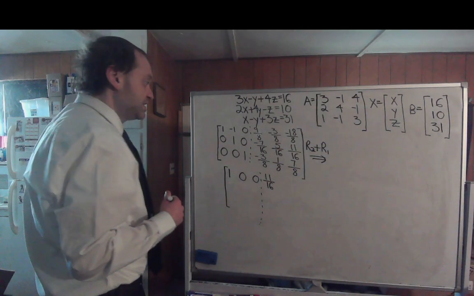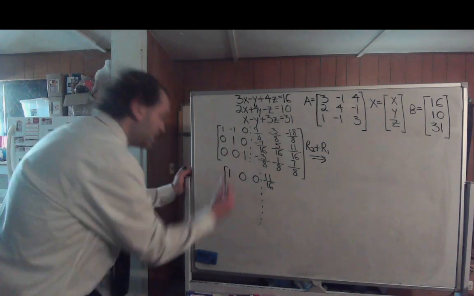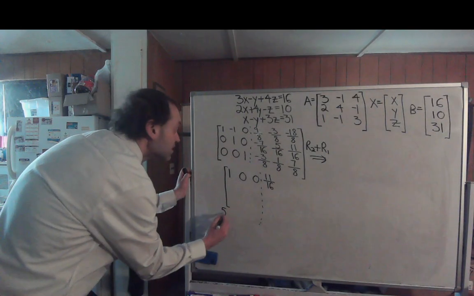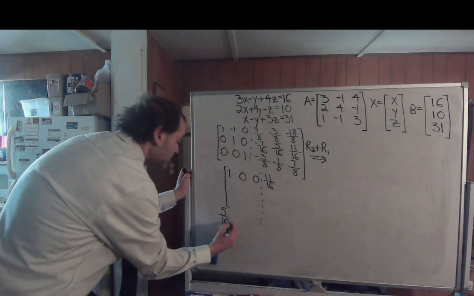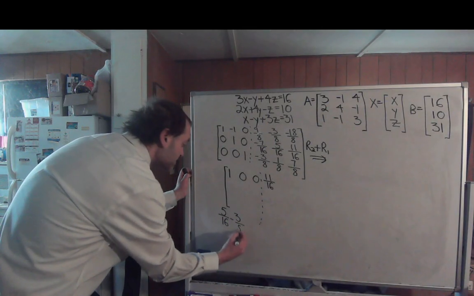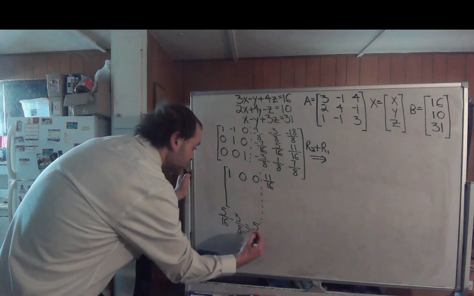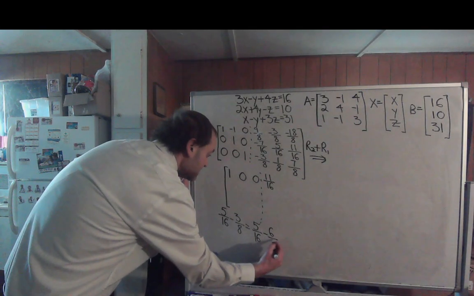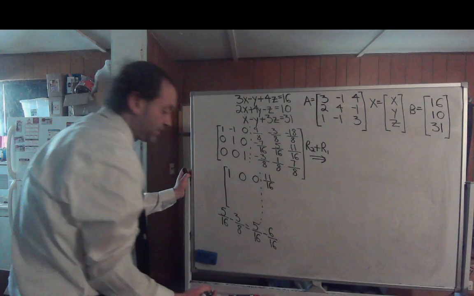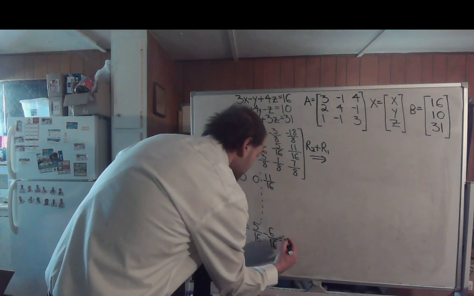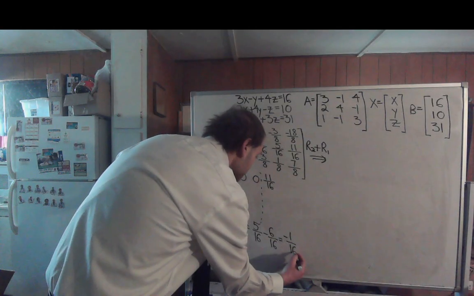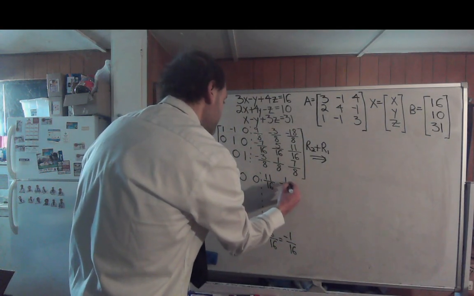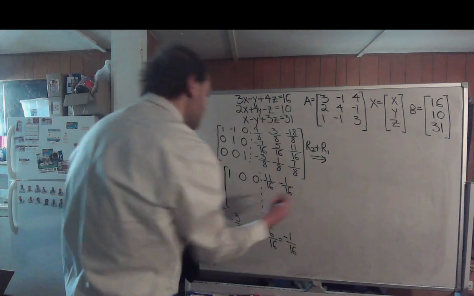And then let's see, we have 5/16 minus 3/8, which equals 5/16 minus 6/16, which would equal negative 1/16. So you have negative 1/16 here.